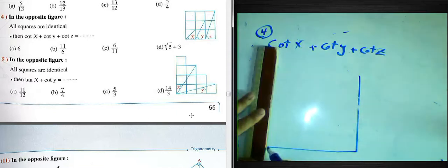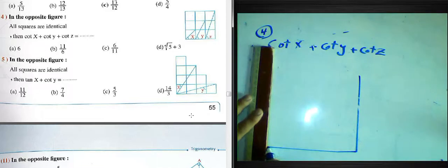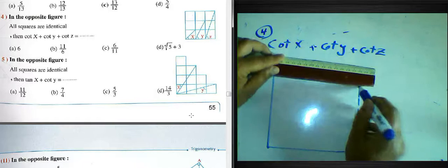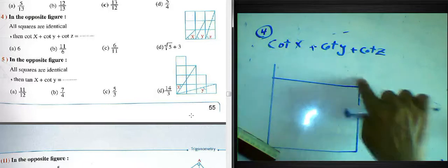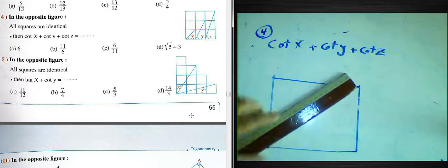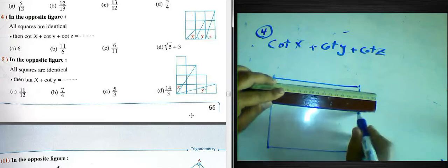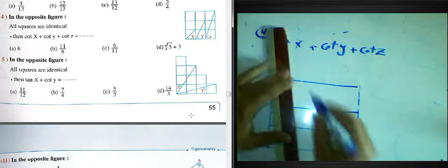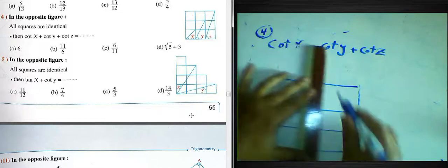We have a square. It's okay, it's a square. And we have 3 parts, 1, 2, and 3, and 3 parts here, 1, 2, 3.